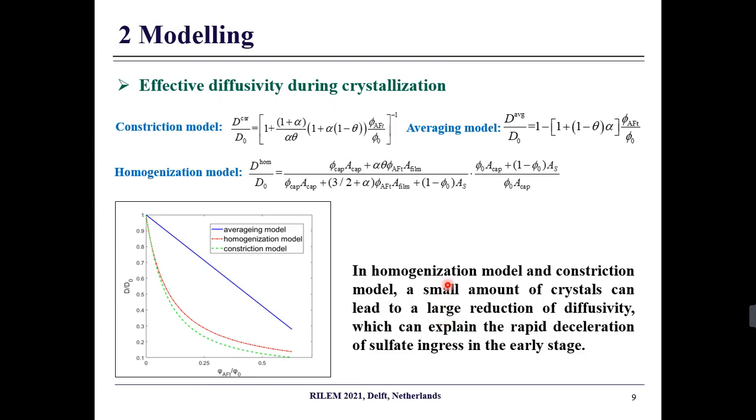So now we have proposed three models to express the effective diffusivity in terms of ettringite amount, and we'll make a simple comparison among these three models, shown in the bottom left figure. In the homogenization and constriction model, a small amount of ettringite crystals can lead to a larger reduction of diffusivity. That we believe can explain the rapid deceleration of sulfate ingress in the very early stage.